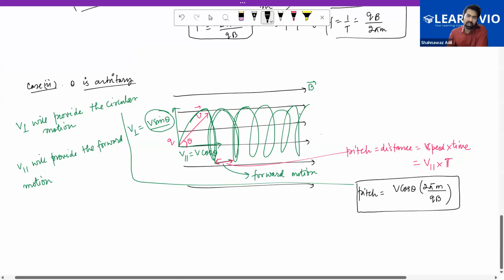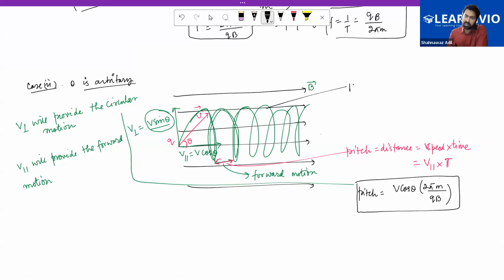This is what we call the helical path. So we have the circular path as well as the forward path. This is the path that a charged particle with an arbitrary angle will form.